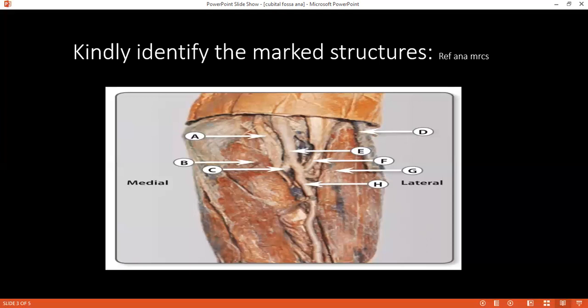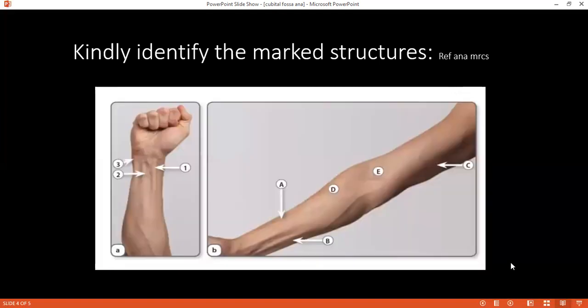Can you please tell me, if a person comes to you with an injury at the elbow joint and you suspect injury of the radial nerve, how would the patient present, or what would be the complaints? It will be wrist drop and finger drop.